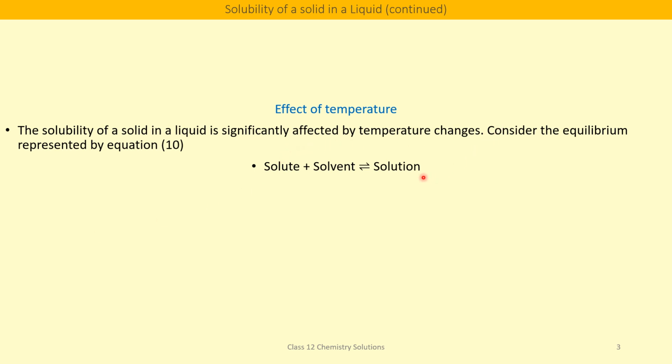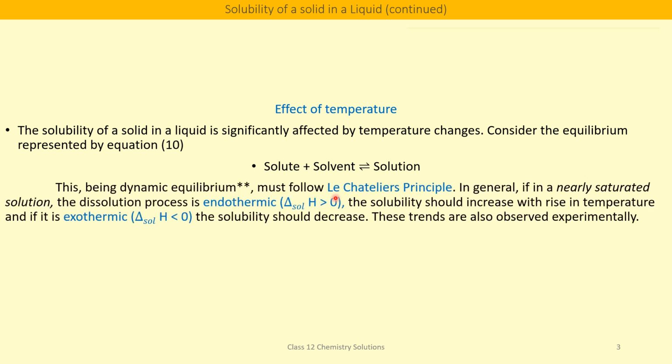That means if you increase the temperature, the solubility increases. Consider an equilibrium represented by the equation solute plus solvent gives a solution, and this process is reversible. This being a dynamic equilibrium must follow Le Chatelier's principle.